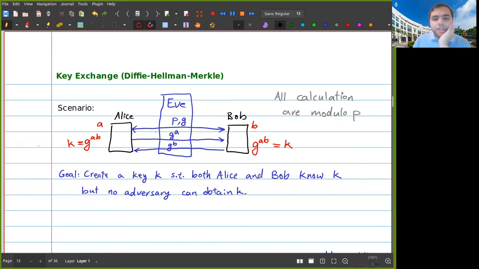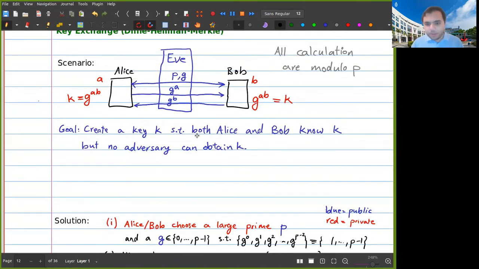And I'm going to cover something that I intentionally left out when I was teaching you about Diffie-Hellman-Merkle and also public key cryptography. And actually, I wanted you to first do homework 1 before you see this. So now is a good time to cover it.